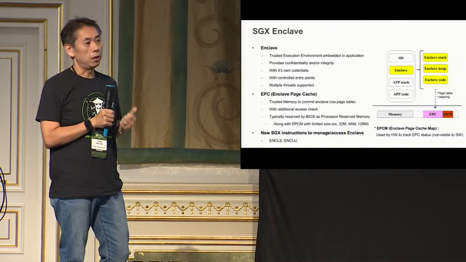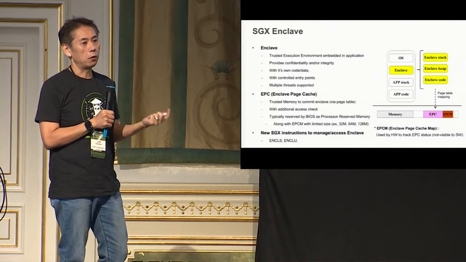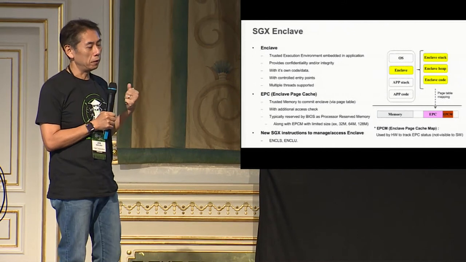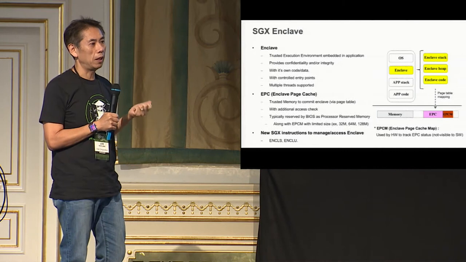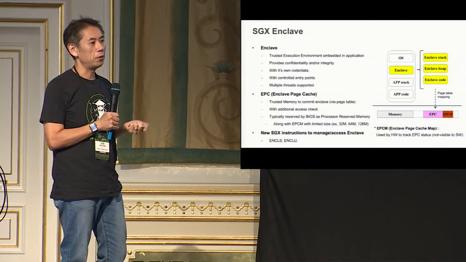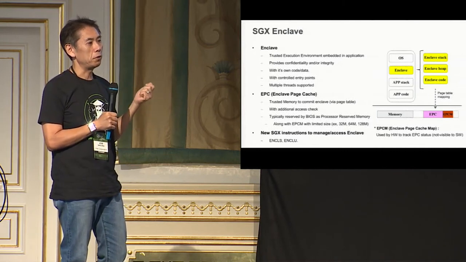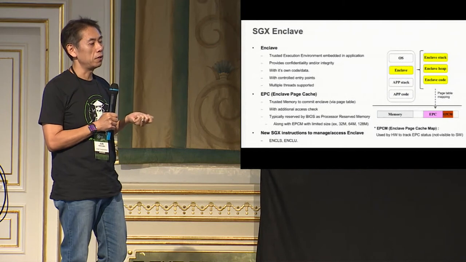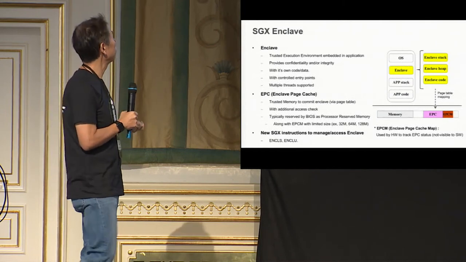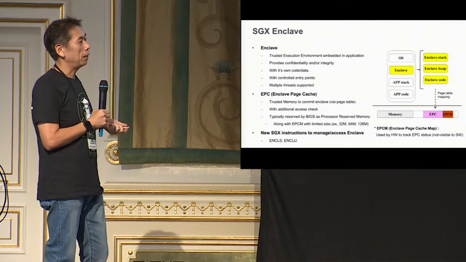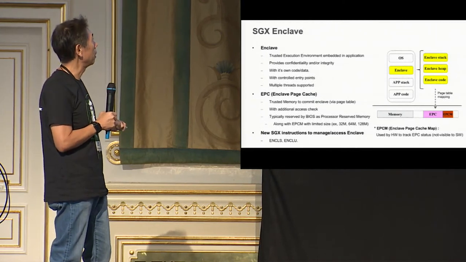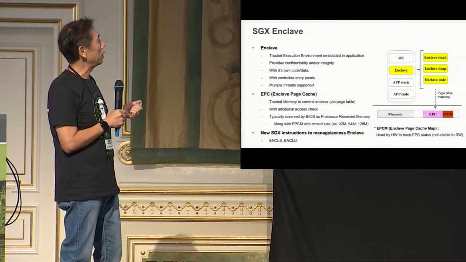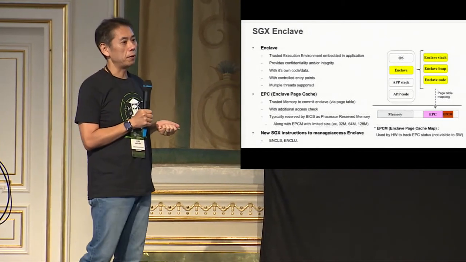And there, all the data or the code will be protected by, again, hardware. Even if OS or VMM try to see the content, you cannot really see, okay? And you can have multiple threads there, and then I'll talk about how you're gonna enter the enclave from application.